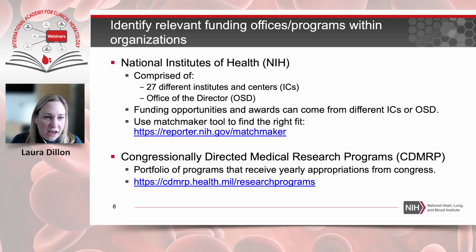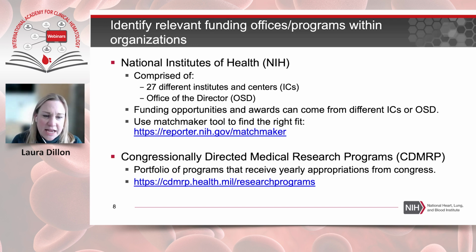So your grant funding and funding opportunities and awards can actually come from different institutes or from the Office of the Scientific Director. There are many different places you could identify, and it's a bit overwhelming to figure out where funding can come from. There's actually a matchmaker tool that you can utilize to find the right fit. So I recommend going and using this when you're trying to figure out the right home for your grant.